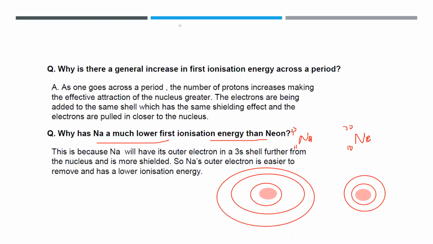So which one has a greater shielding effect, sodium or neon? Here you have 8 electrons, a complete shell.